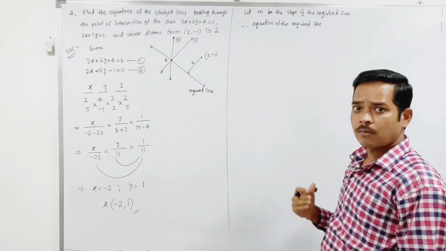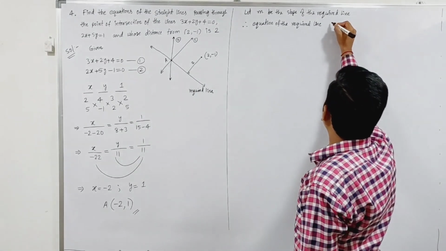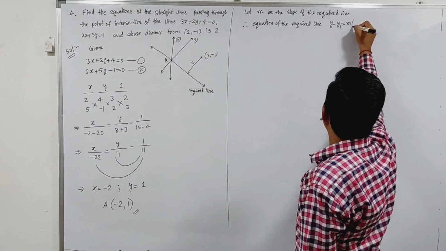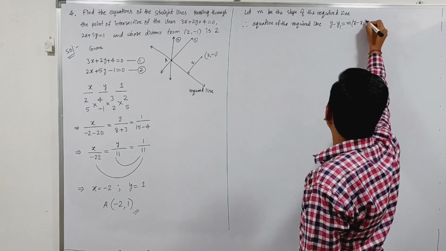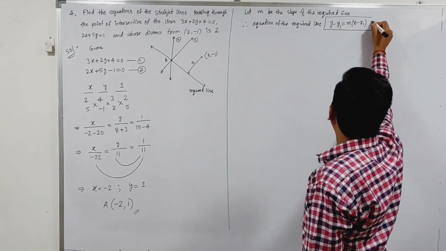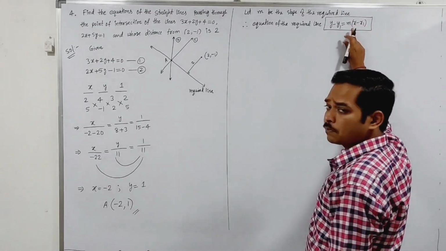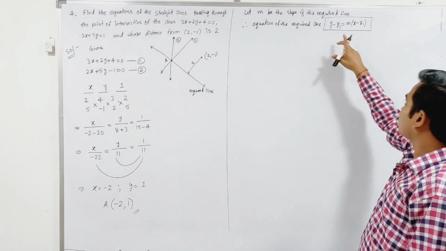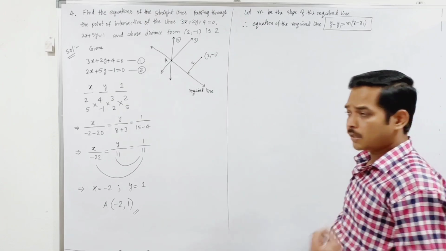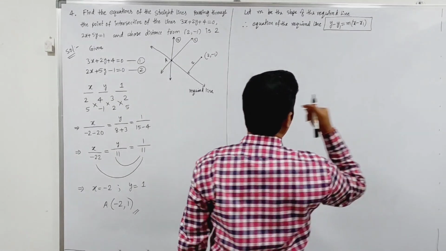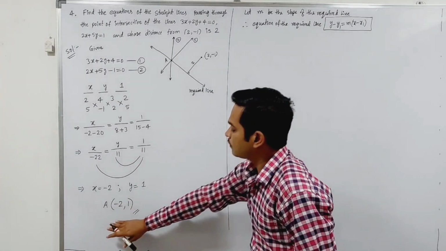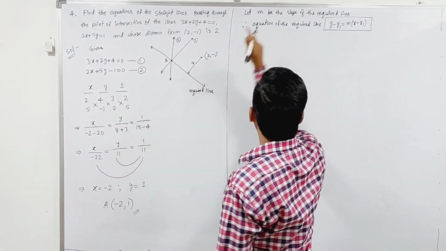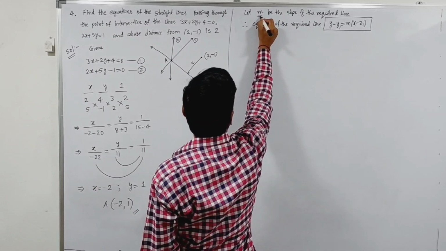What is the slope point form? That is y minus y1 is equal to m of x minus x1. If you know one slope and one point, by using this formula we can find the equation of a straight line. Point A is the point of intersection of the two given lines, and the slope is m.